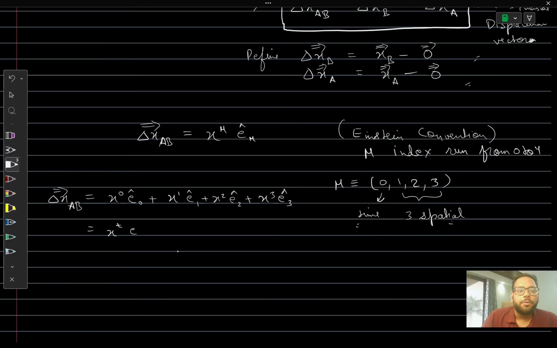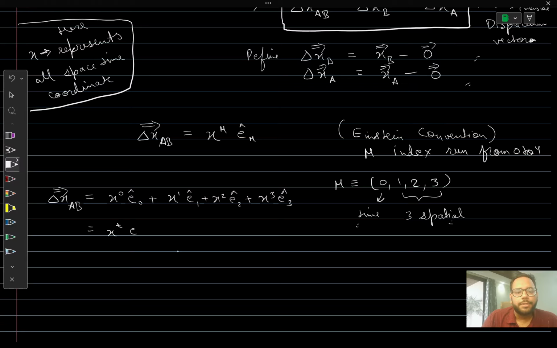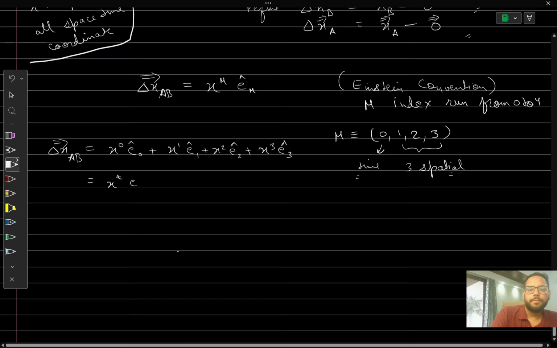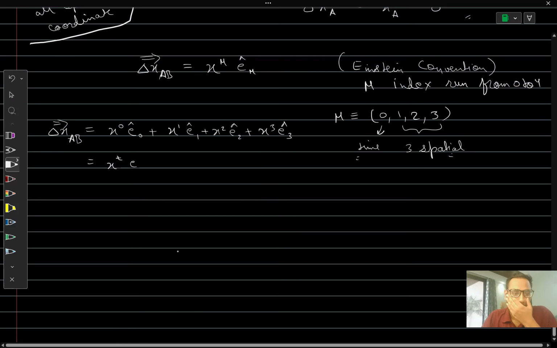Now remember, x represents all spacetime coordinates here, not just the x coordinate. It represents all spacetime coordinates in general. So we will write everything in x only.